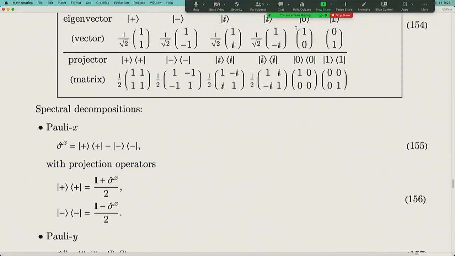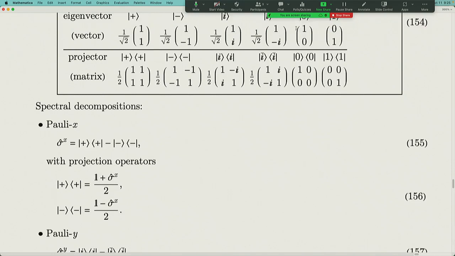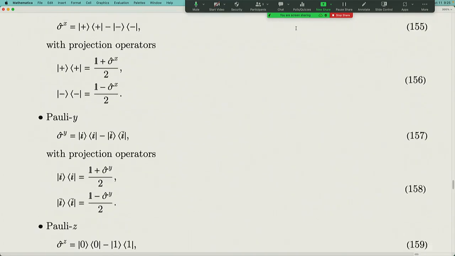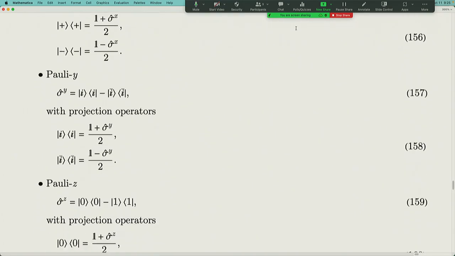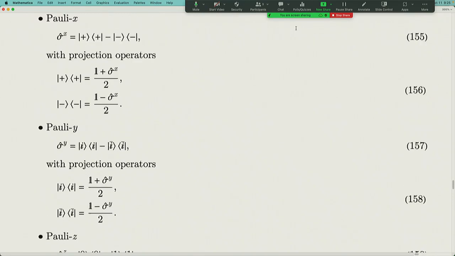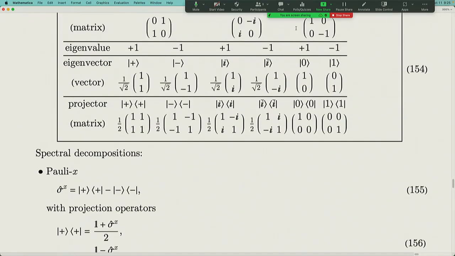Yeah. So you can see that a similar idea holds for Pauli y, which you can check. You can really check that (1 plus sigma y) divided by 2 is indeed this projection operator, because the identity operator plus sigma y operator is this part, divided by 2.